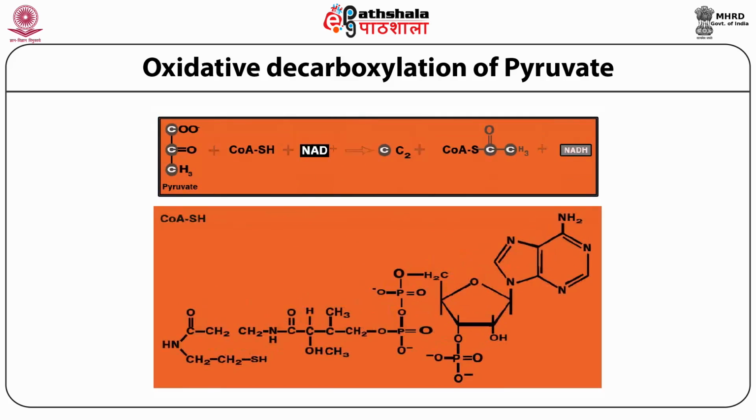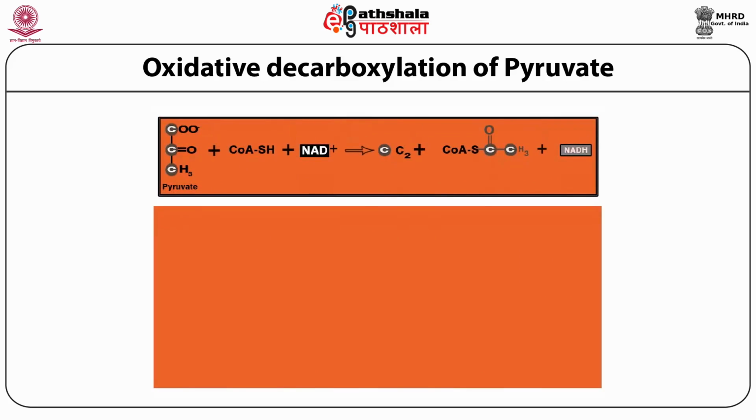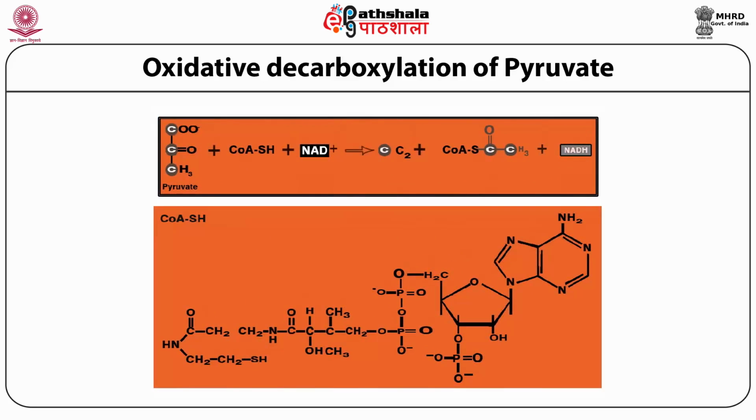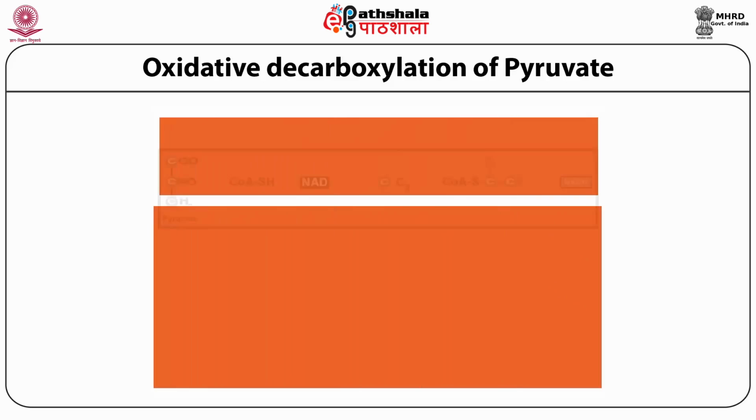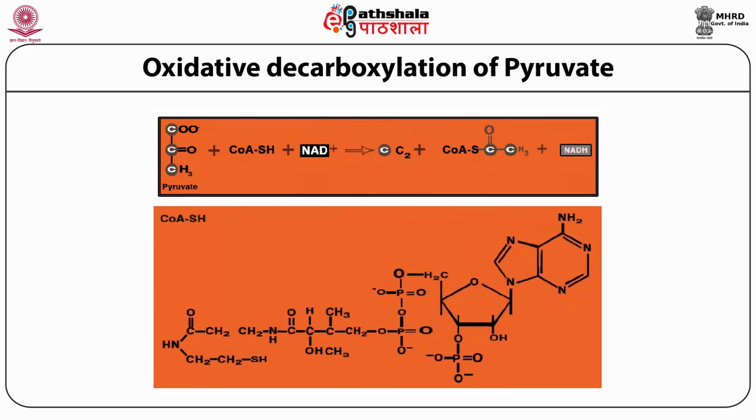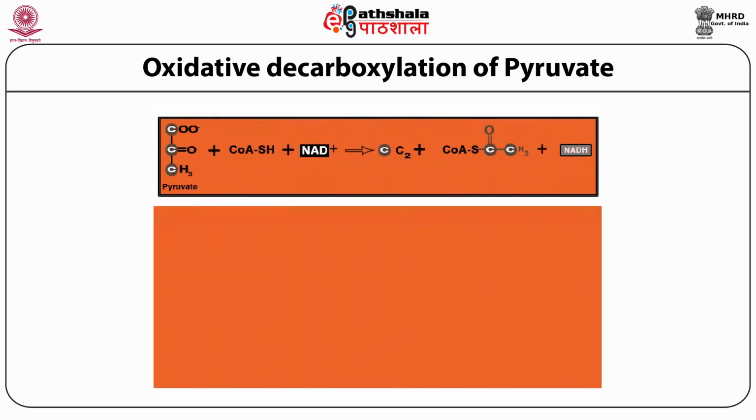We learned glycolysis, and the fate of glucose is that it is converted into 2 molecules of pyruvate. Now this pyruvate will undergo the oxidative decarboxylation step. The reaction shows the oxidative decarboxylation of pyruvate, which goes further into the Krebs cycle.